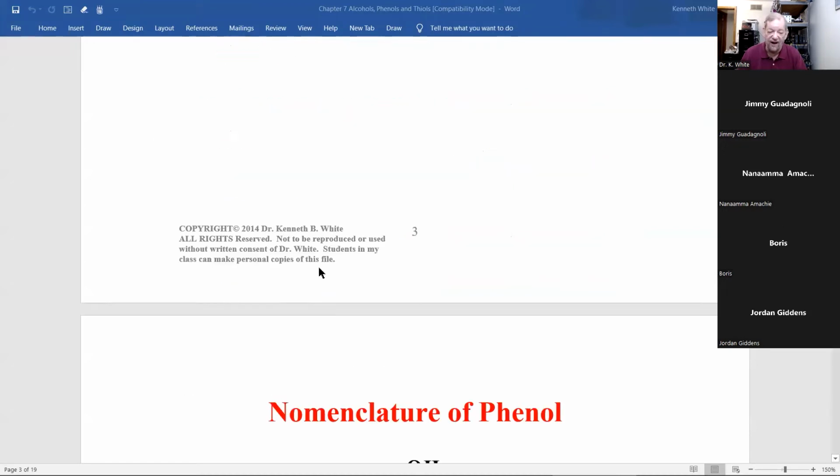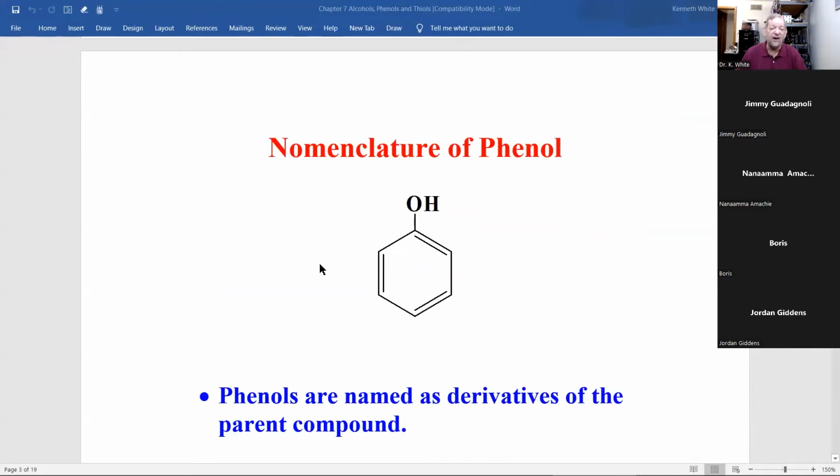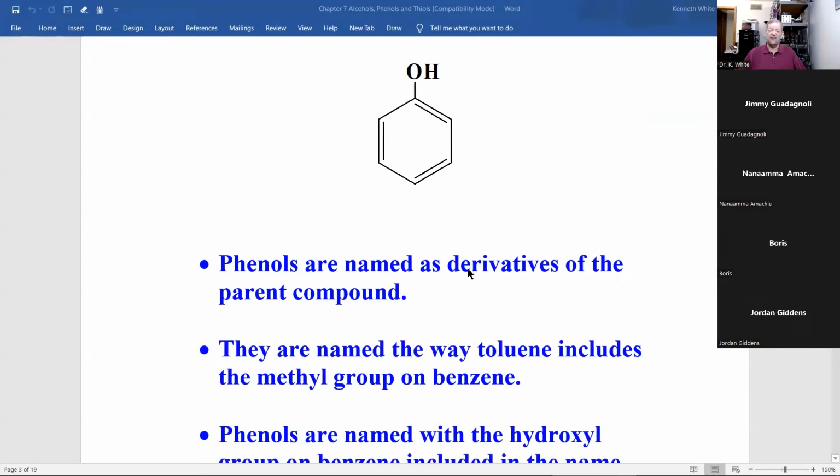So let's move on. Now, I talked about phenol already. Phenol is a benzene ring with a hydroxyl group. Derivatives are named similar to toluene, except instead of toluene with a methyl group, you have phenol with the hydroxyl.